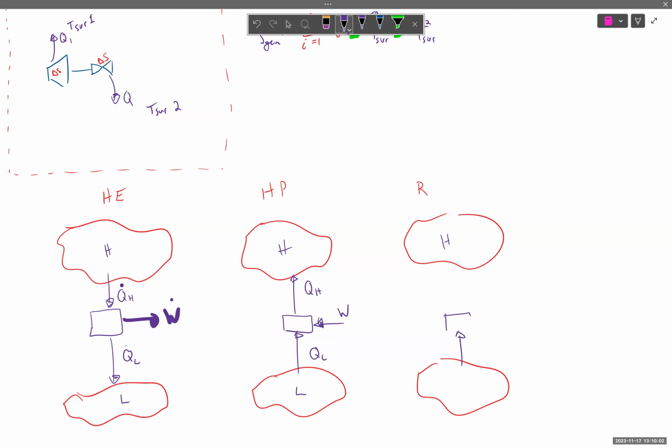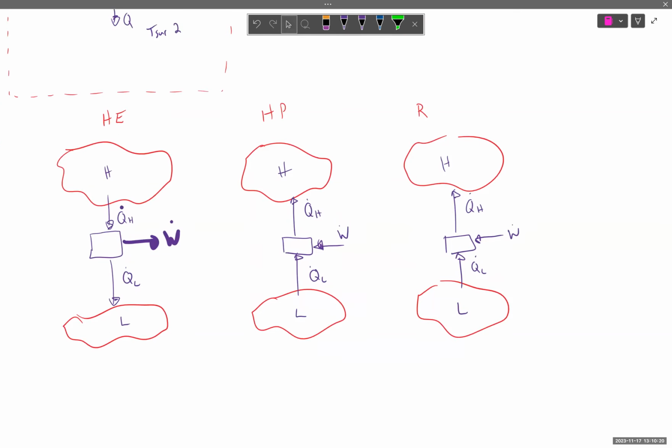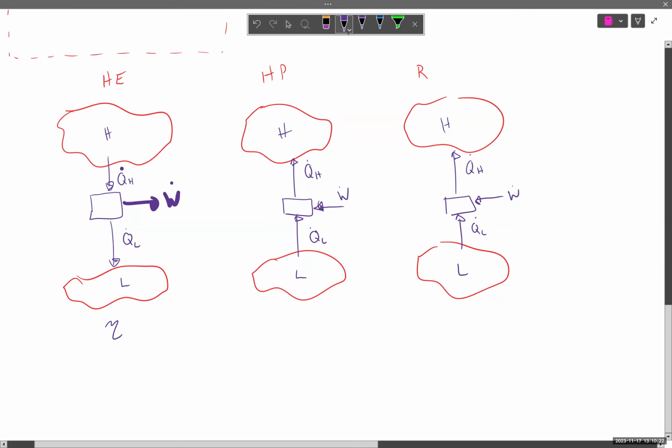Same, the refrigerator. Just that we thought about the efficiency a little bit different. These could be dotted as well. Dots or no dots. Depends on what you want. This could be power, it could be work. We talked about thermal efficiency for the heat engine.